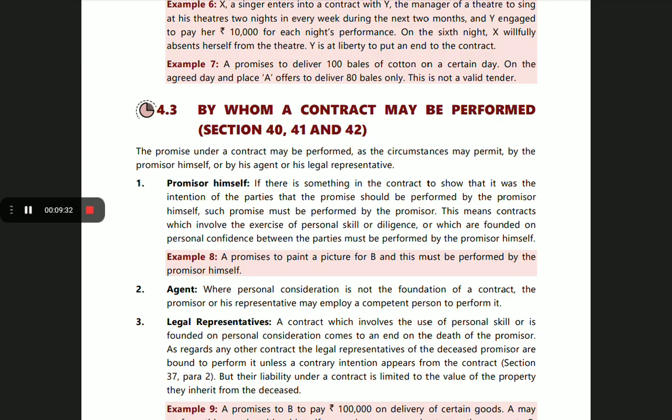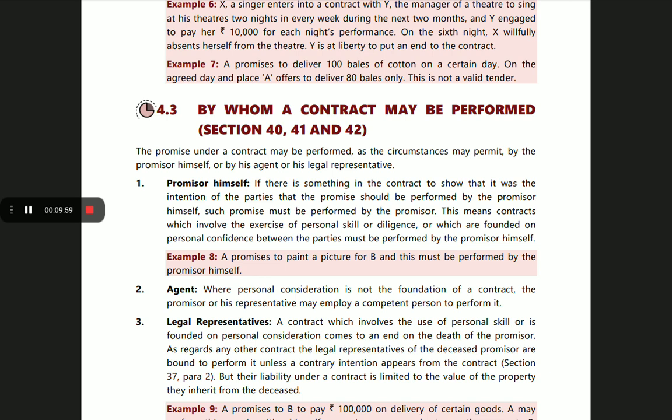As regards any other contract, the legal representatives of the deceased promiser are bound to perform it unless a contrary intention appears from the contract.